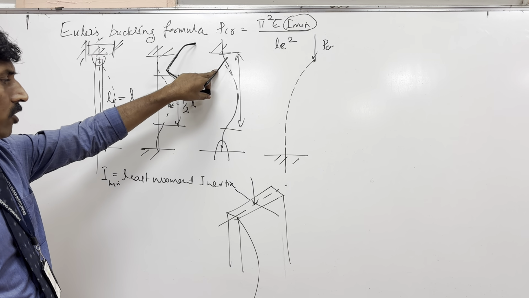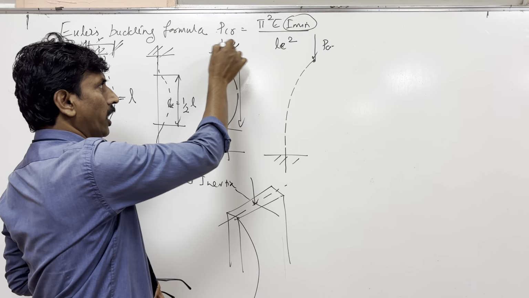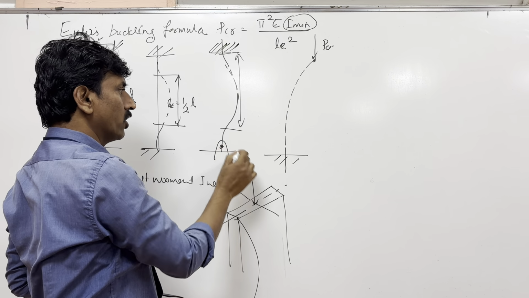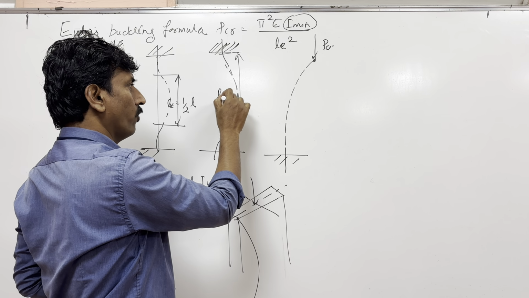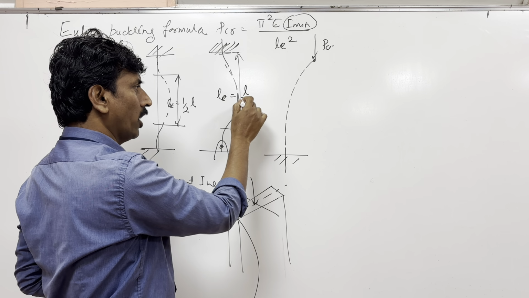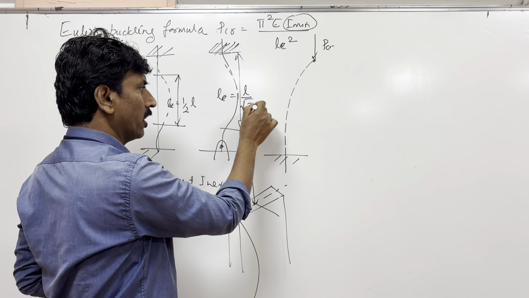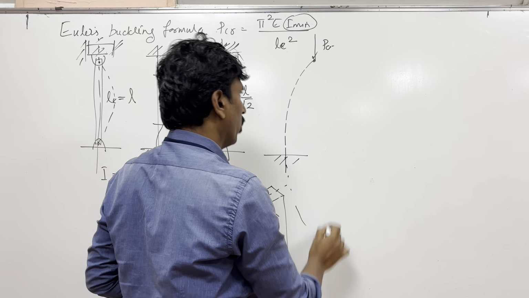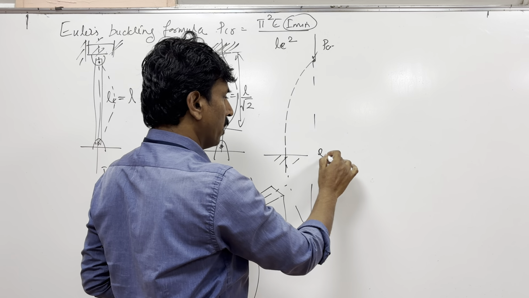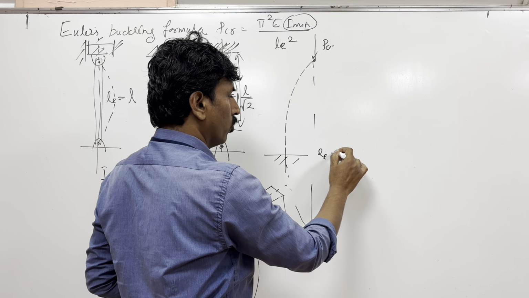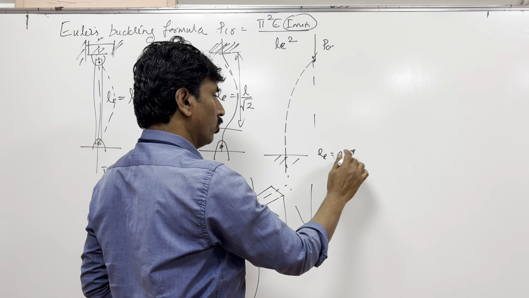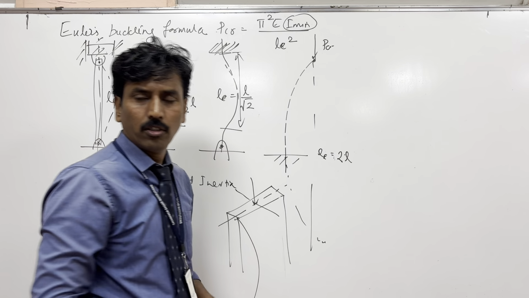Where it is fixed at one end and hinged at the other end, LE is not half, it is slightly greater than half. So it is L by root 2, which is about L divided by 1.4, which means it is larger. In this case, the point of inflection almost comes like this. So LE becomes 2 times the actual length.